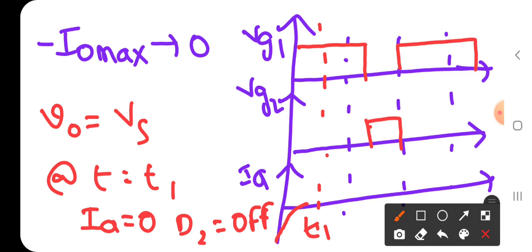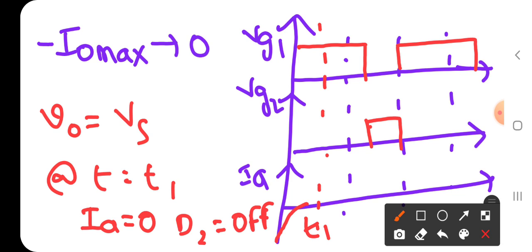At the end of mode 1, that is at T is equal to T1, IA is 0, that is diode D2 is turned off.